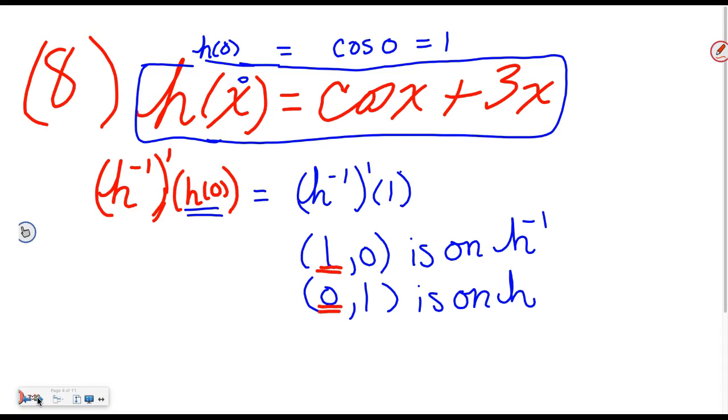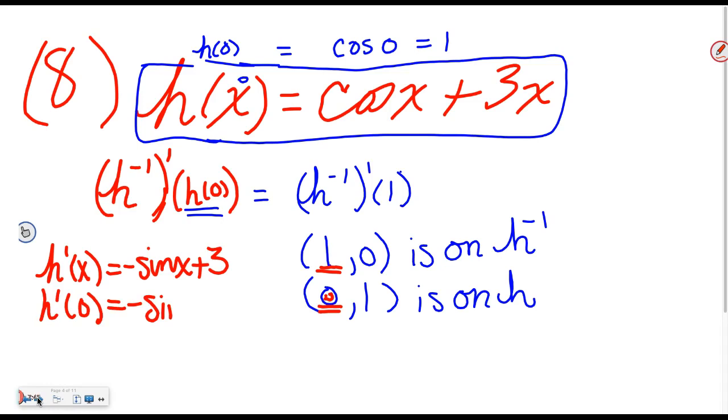That I can do. H prime at any point along the curve is negative sine x plus 3. In particular, at 0, the derivative would be negative sine 0 plus 3, which is 3.